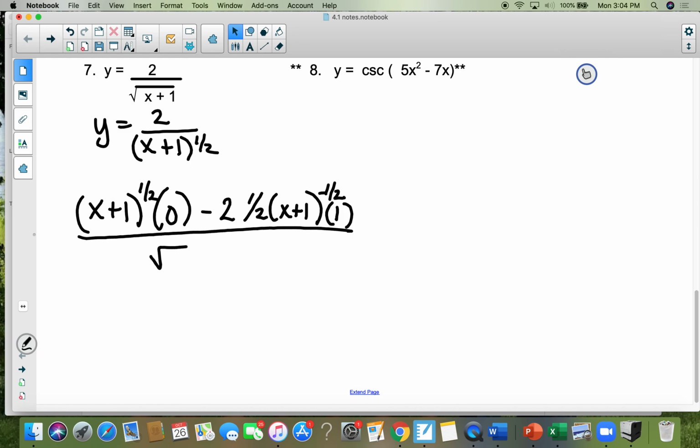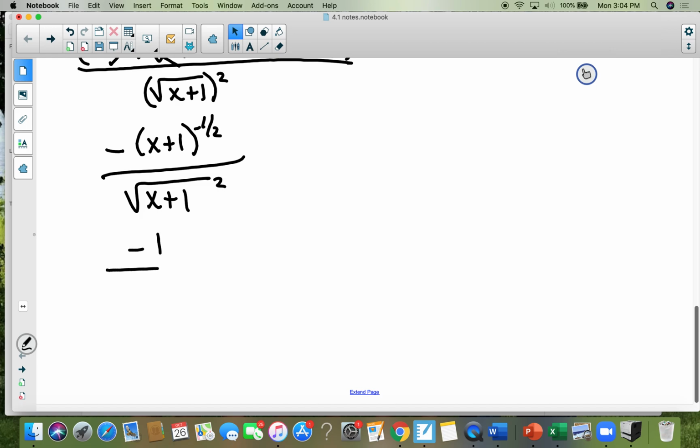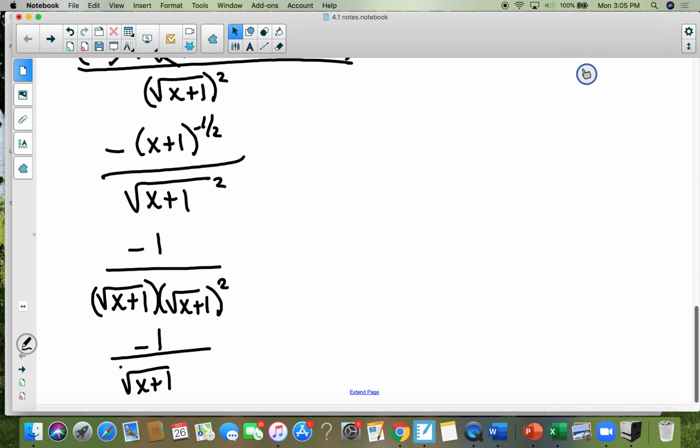All over the square root of x plus 1 squared, which ends up becoming, this is 0, this makes 1, so this is going to be ending up being a negative x plus 1 to the negative 1/2 over the square root of x plus 1 squared, which ends up being a negative 1 over the square root of x plus 1 times the square root of x plus 1 squared, which is a negative 1 over the square root of x plus 1 raised to the 3/2 power.